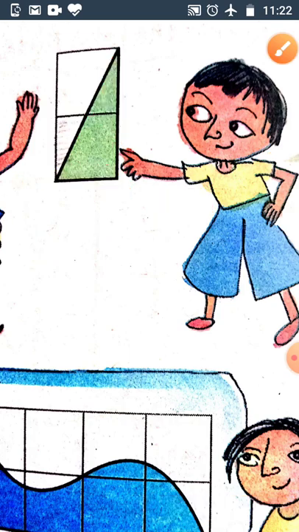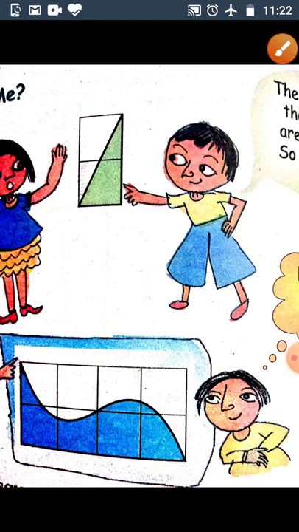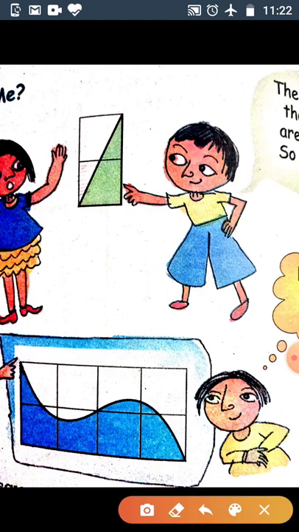So now we will see how we can calculate the area of this irregular shape. Here children, if you observe this picture carefully, you will find this irregular shape covers almost half of the rectangle. And this portion of the figure is an extra portion and that is out of the rectangle.